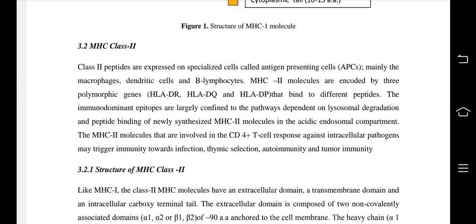The immunodominant epitopes are largely confined to the pathway dependent on lysosomal degradation and peptide binding of newly synthesized MHC2 molecules in the acidic endosomal compartment. The MHC2 molecules involved in the CD4 plus T cell response against intracellular pathogens may trigger immunity towards infection, thymic selection, autoimmunity, and tumor immunity.